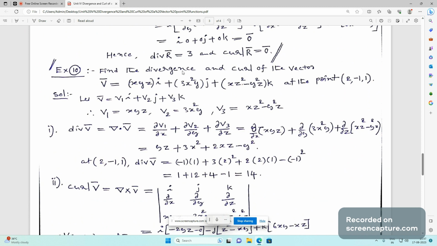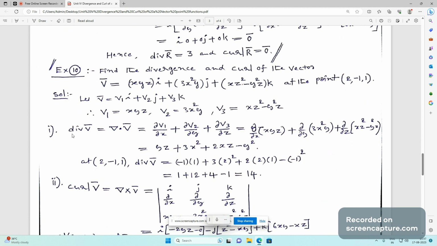Find the divergence and curl of the vector v bar equals xyz i bar plus 3x square y j bar plus xz square minus y square z k bar at the point (2, -1, 1). So let v equals v1 i plus v2 j plus v3 k. Therefore, v1 equals xyz, v2 equals 3x square y, v3 equals xz square minus y square z.